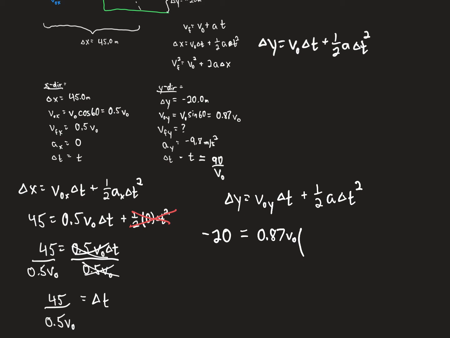What's change in t? 90 divided by v naught. Plus 1/2 times a. What's a? Negative 9.8 times change in t squared. Change in t squared is 90 divided by v naught, quantity squared.